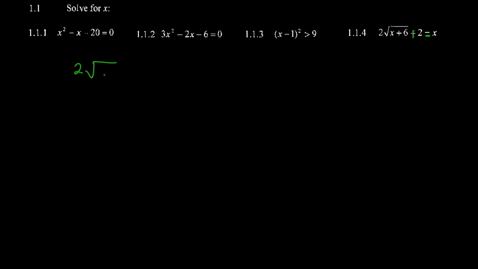2 square root of x plus 6. Then remember that this is a whole train, okay? And then this 2 is separate from the square root. It's equal to x. So what I'm going to do is I can kick this to the side, such that the stuff with the square root is just left on its own, okay?